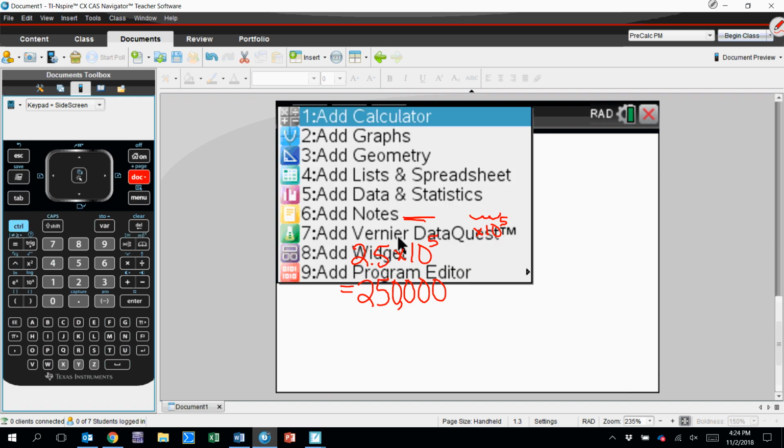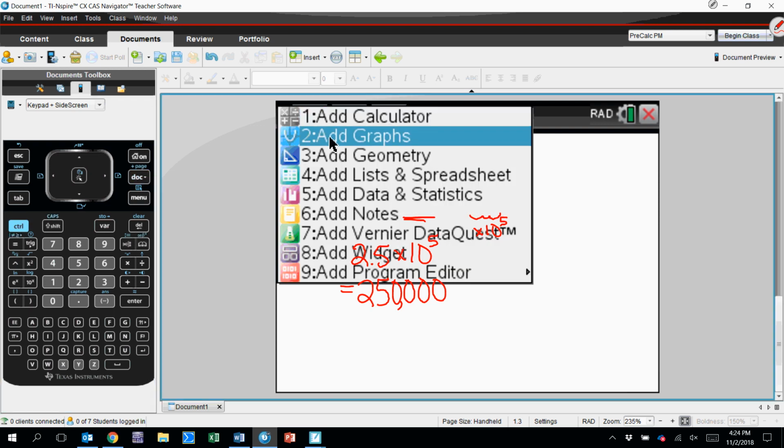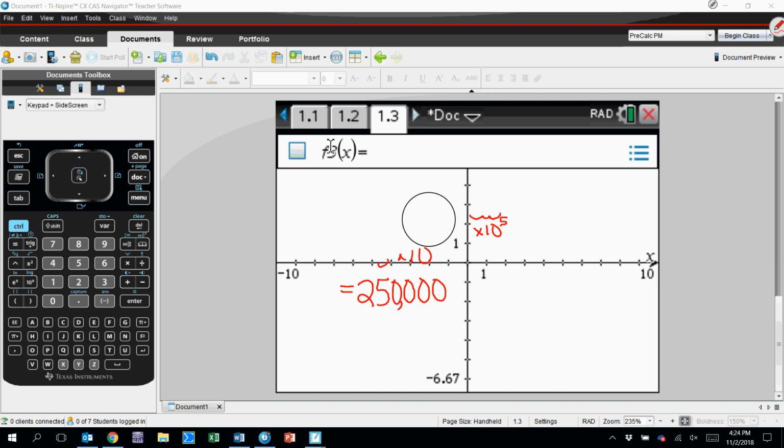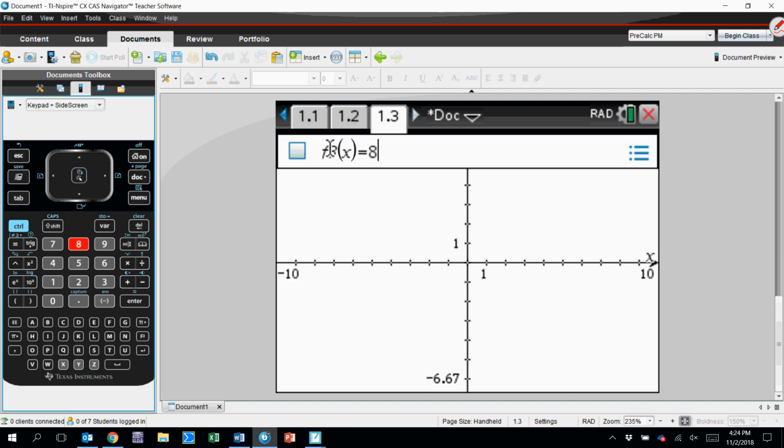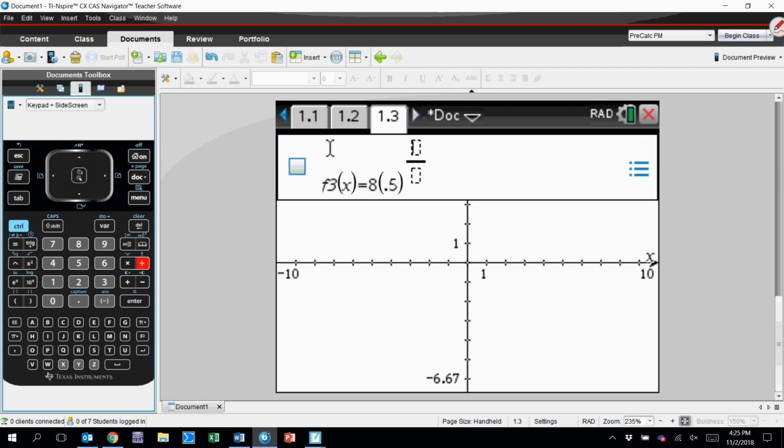So we add a new page, we add our graph, and we're going to look at the graph of 8 times, I'm going to just use 0.5 to be quicker. It's 1/2 raised. Now here it's better to use a fraction bar.